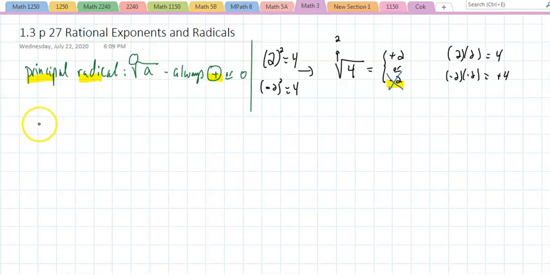And if I want to write the general rule, the nth root of a is always positive or 0 if the index, what's the index? If n is even.